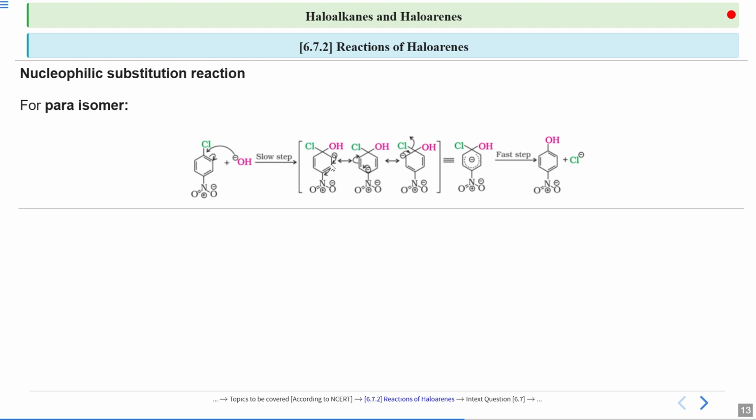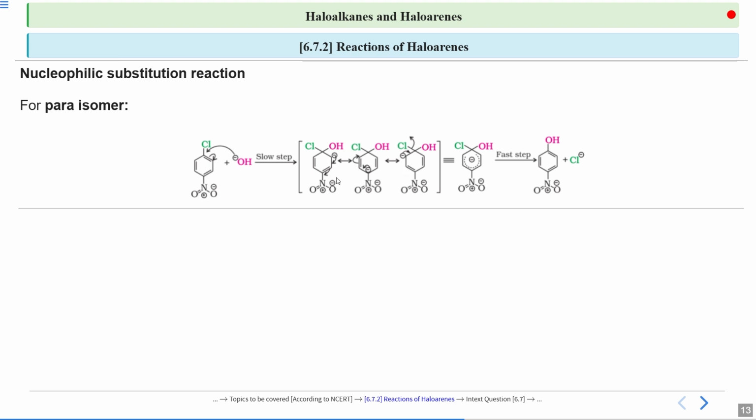Now this negative charge will delocalize over the carbon at which the NO2 is present. Okay, so negative charge will come here at the carbon at which NO2 is present, and then again negative charge will delocalize by resonance and go over this carbon, and then this negative charge will go here, form a double bond, and this chlorine will be removed from the reaction.